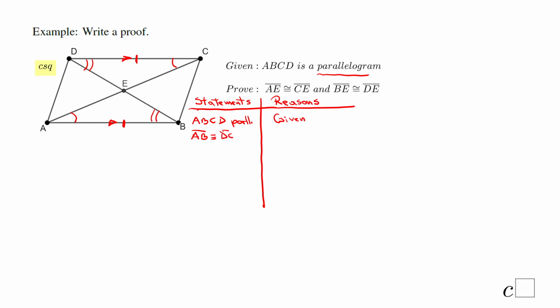Okay, this is a property of a parallelogram which says opposite sides are congruent. Okay, but also because we have a parallelogram, we have DC parallel with AB. This is the definition of a parallelogram.